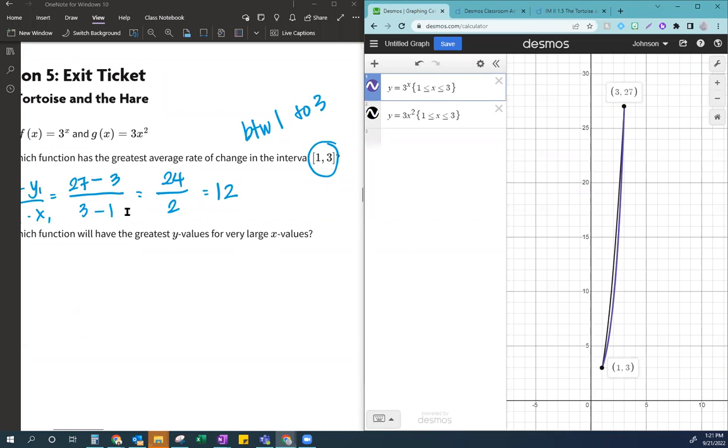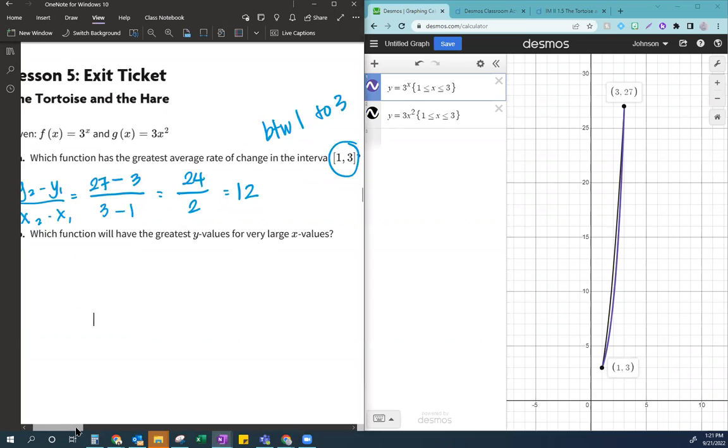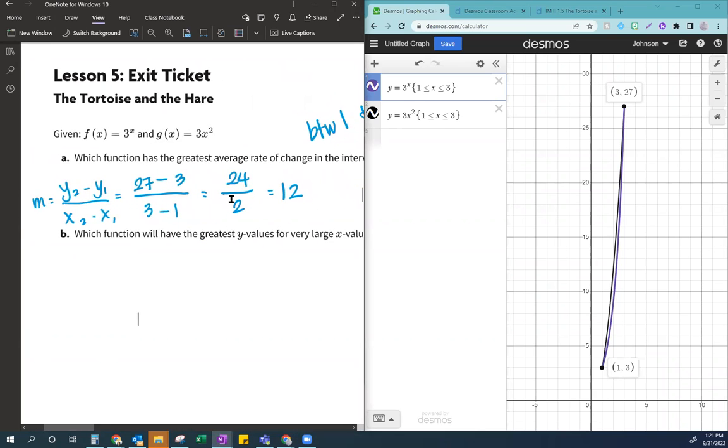I also checked that algebraically by plugging in my points. We did y2 minus y1 over x2 minus x1. Perfect.